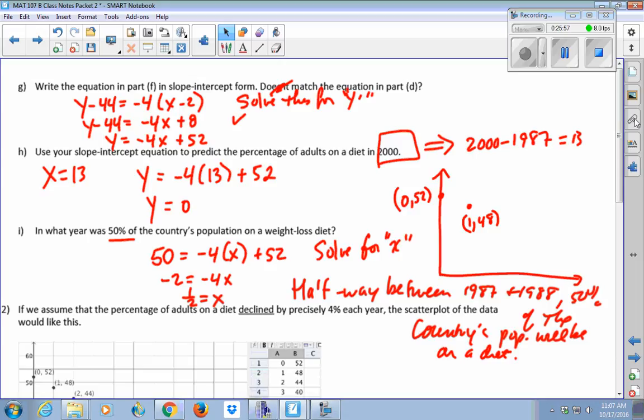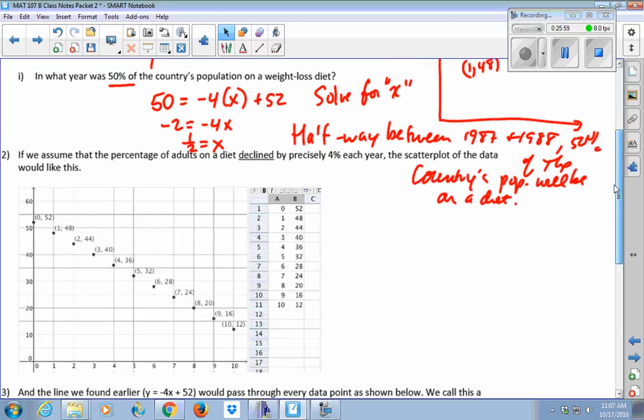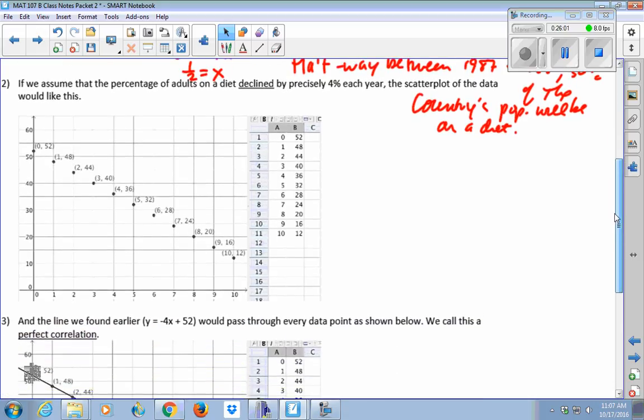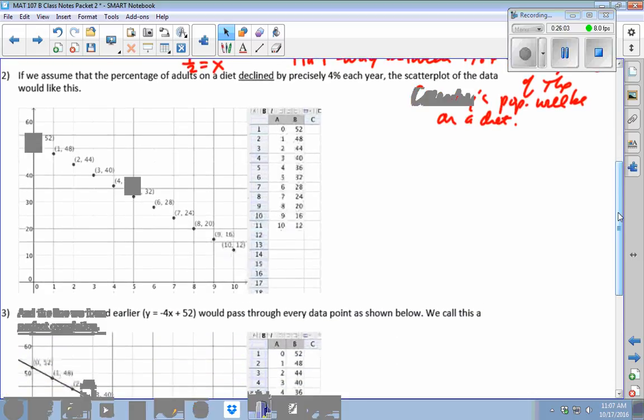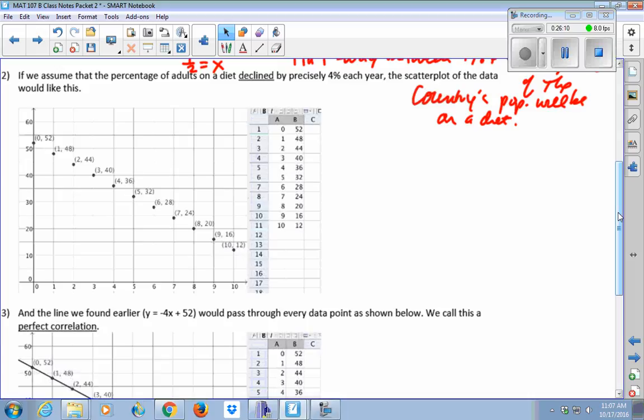All right. So now we're going to start to work our way towards the idea of linear regression or line of best fit. So if we assume that the percentage of adults on this particular diet declines by 4% every single year, no variation in that percentage, then our data would look like this.